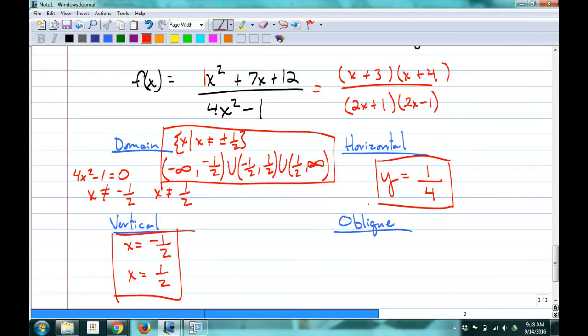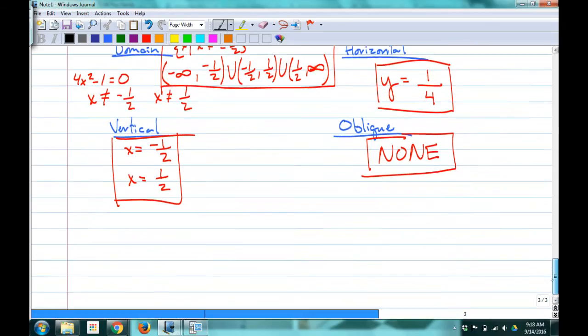If there's a horizontal asymptote, what do we know about oblique asymptotes? There won't be any. Remember, horizontals and obliques never occur together.